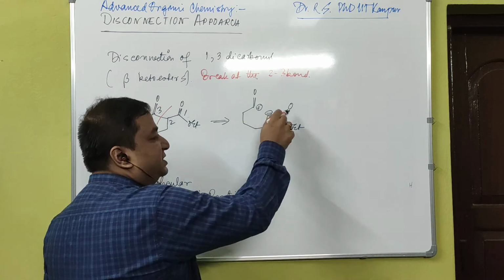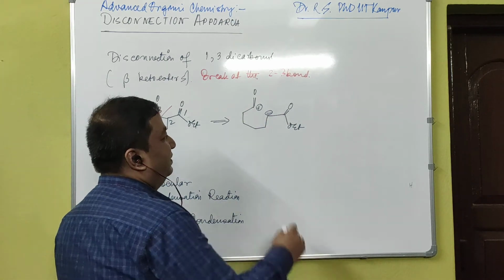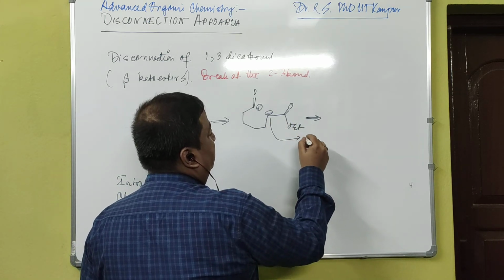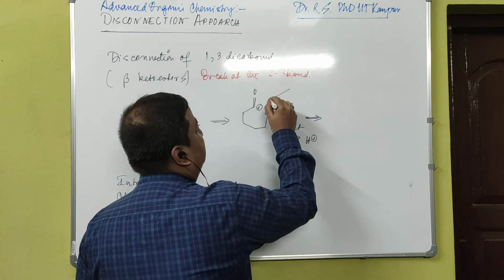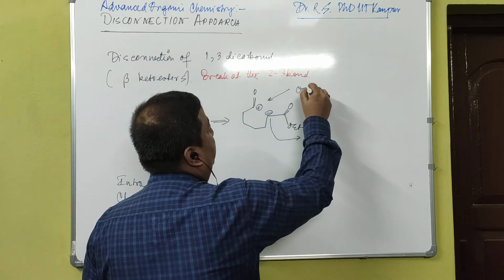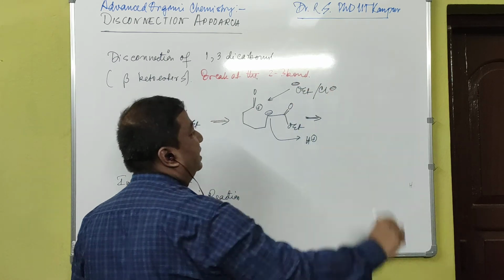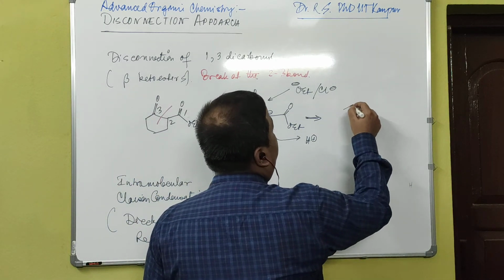I need the negative charge to be delocalized. So wherever there is a negative charge, I will add there a proton, and wherever there is a positive charge, I have the option to add OEt minus or a Cl minus. So what do I get?